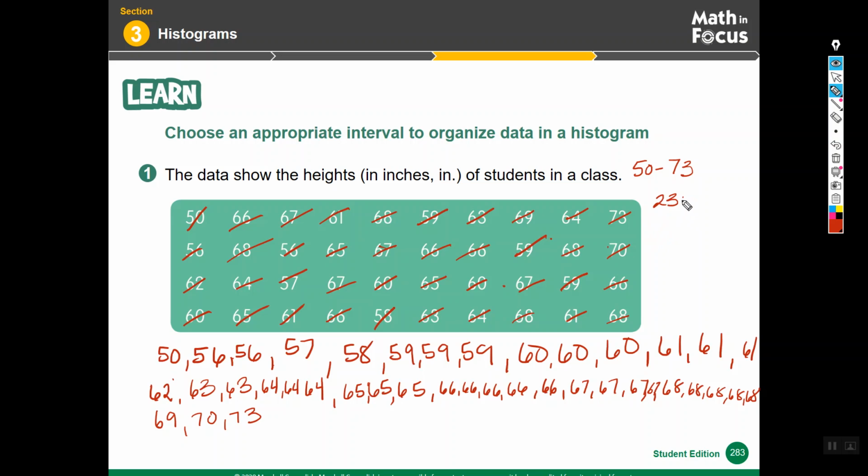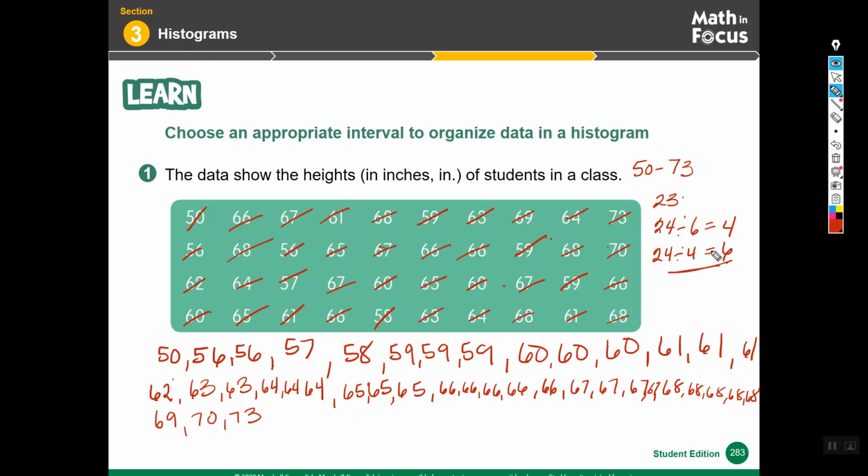But ours is only 23, so I'm going to round it to 24, and I can divide that by 6 and have each one be 6, and then I'd have 4 groups, or I could divide it by 4 and I'd have 6 groups. Either way, either one of these would work.